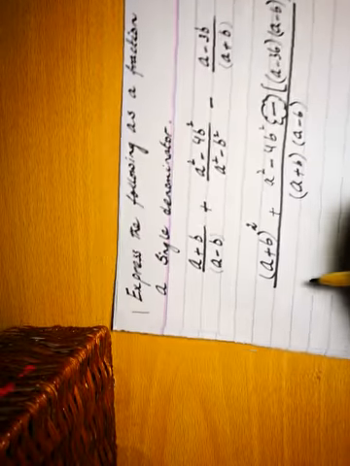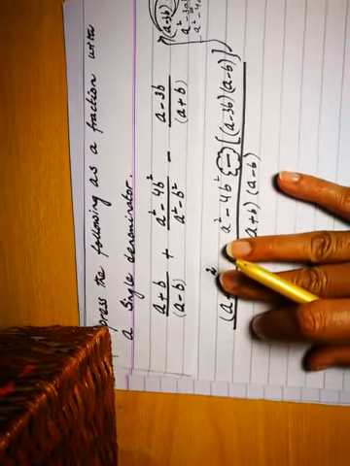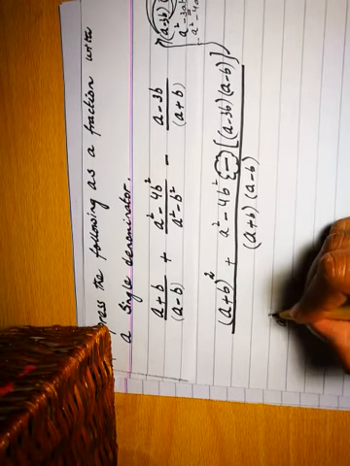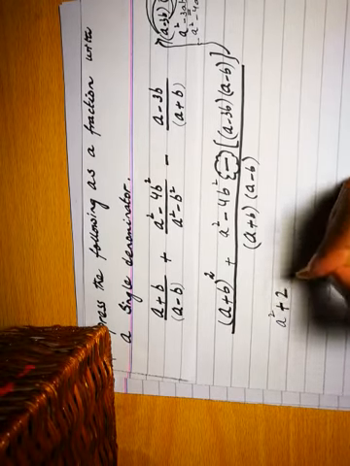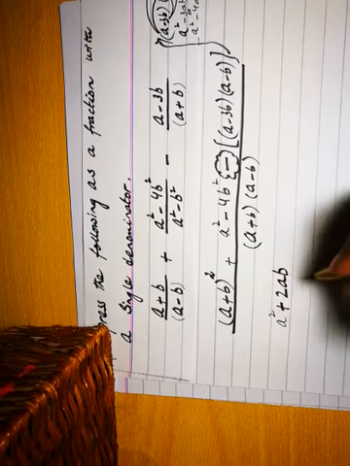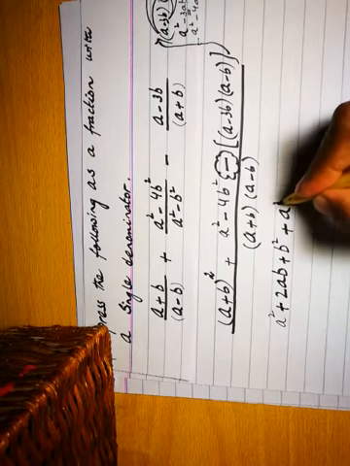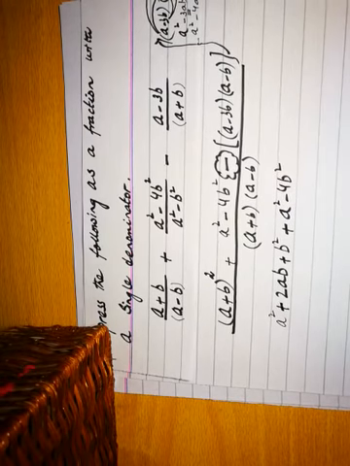Do not forget that a plus b whole square is actually a square plus 2ab plus b square, plus a square minus 4b square as it is.